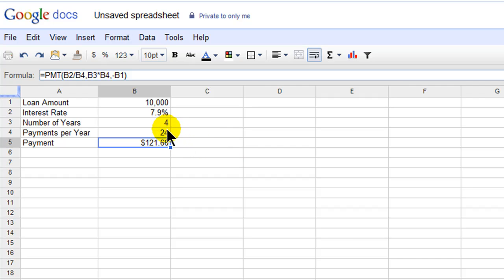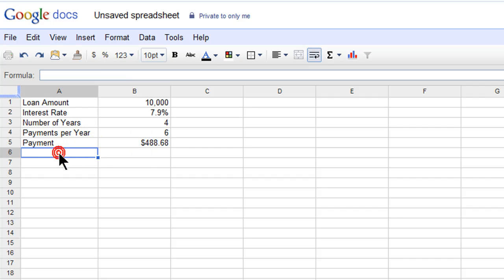My bi-monthly payments, or is that bi-weekly? Sorry, my bi-weekly payments will be $121.66, so you're paying basically 2 times a month, maybe on the 15th and the 30th. Okay. What if you are only making 6 payments per year? There you go. So now you can take care of that.